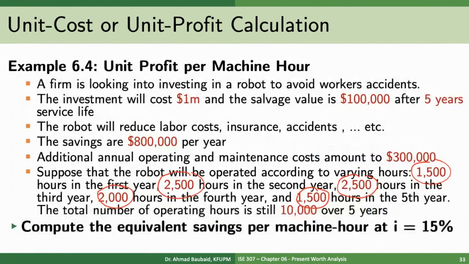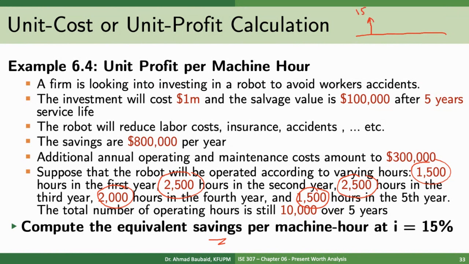Then you go back to the operating profile, which varies from year to year, right? And you construct a cash flow using that operating profile. You say in year 1, I think this was savings? No, this is cost, I think. No, it's savings, right? It says savings here. Okay, so this arrow should point up.